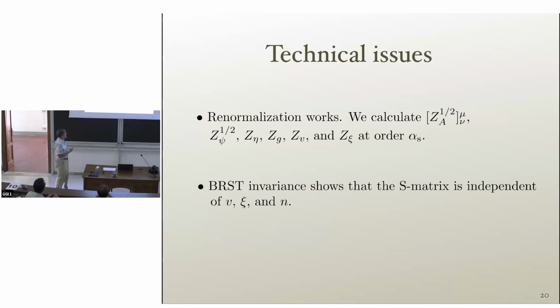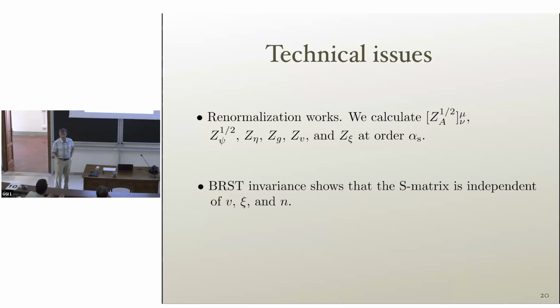So it's a tensor with mu nu components for renormalizing the gluon field. And it's just a constant for the quark field, a constant for the ghost field. There are ghosts in this. Constants for renormalizing the coupling, V parameter, and the C parameter.